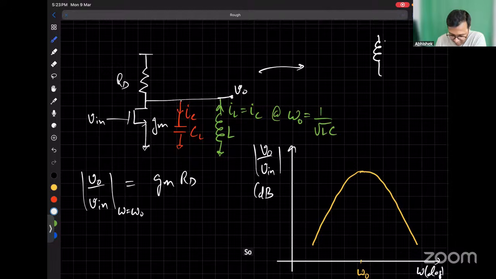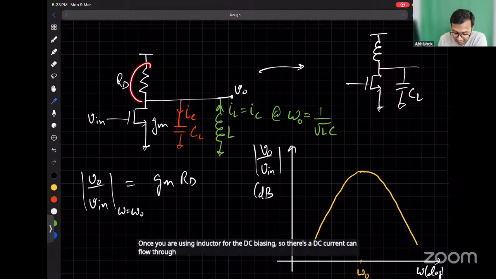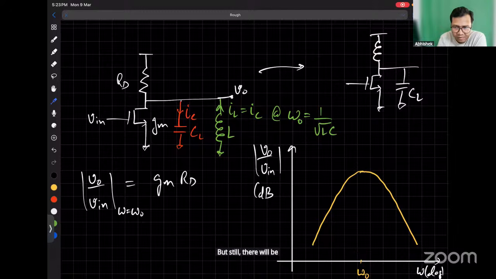So you will be having circuit like this. Once you are using inductor for the DC biasing, so that the DC current can flow through this inductor. As such, you don't need RD, but still there will be some output impedance of this transistor.